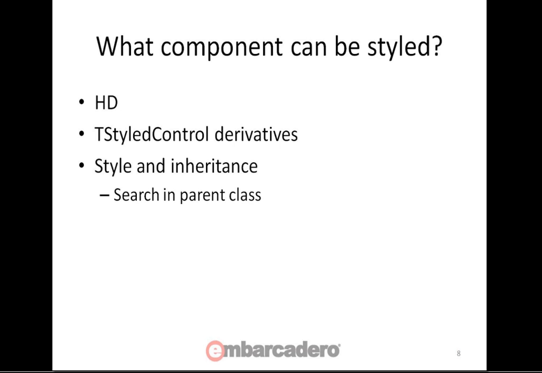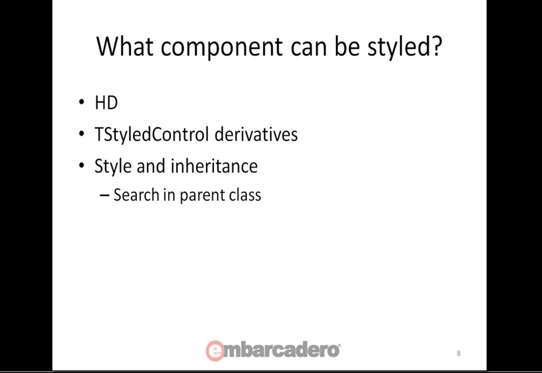In this case of absence of the exact style, the styling system will try to find the style of the parent class. So we take the parent class TButton and try to find the style for TButton. Then we can find the style for TButton because it exists in the basic default style, and this style for TButton is applied to the TMyButton component.